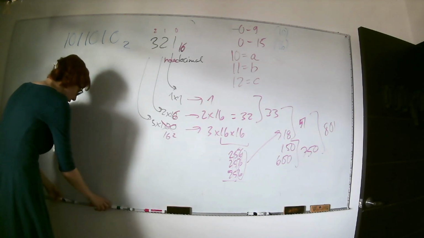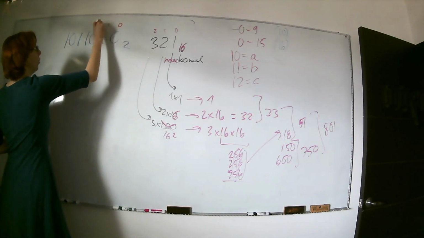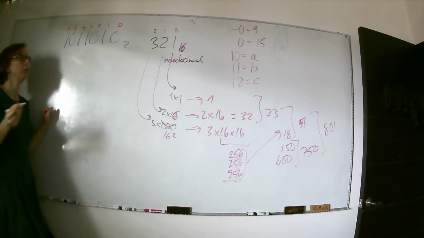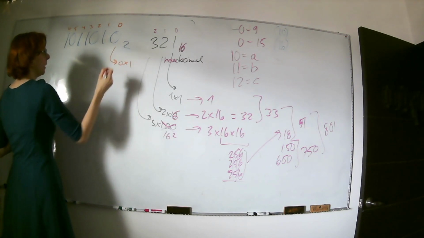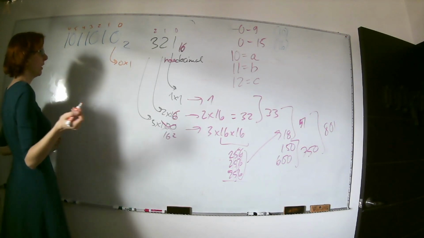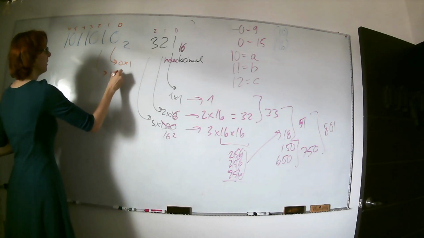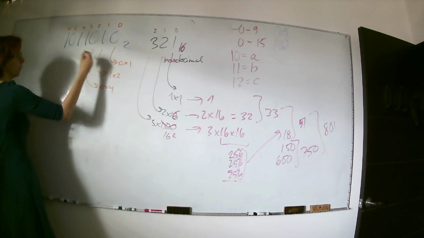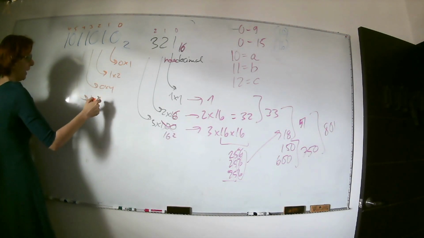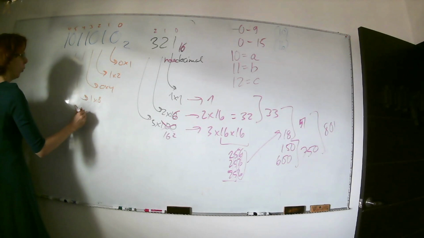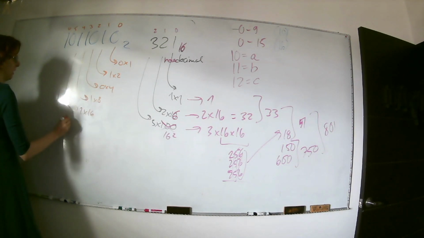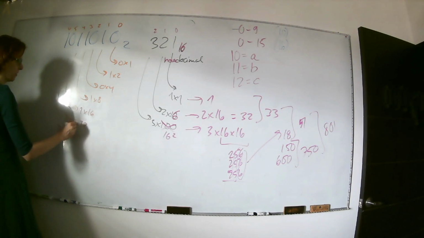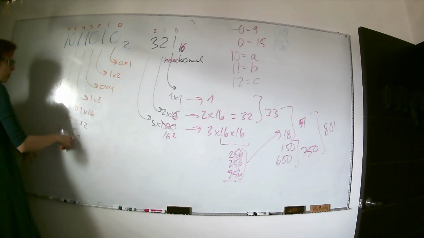So again, we need to imagine the powers. 0, 1, 2, 3, 4, 5, 6. And now these are powers of 2. So this means 0 times 1. 1 is 2 raised to the 0th power. 1 times 2. 0 times 4, because 4 is 2 squared. 1 times 8. 1 times 16. 0 times 32, and 1 times 64. Because now these are powers of 2.